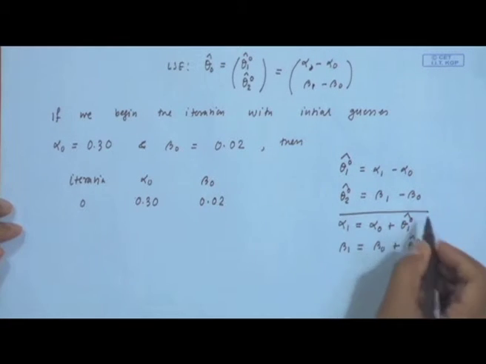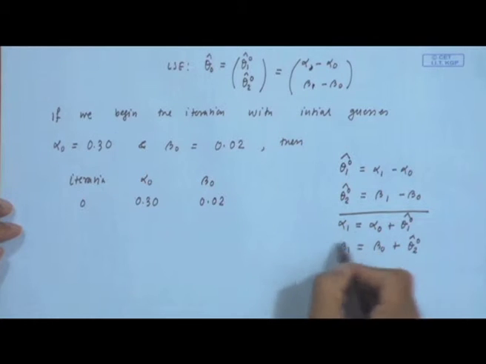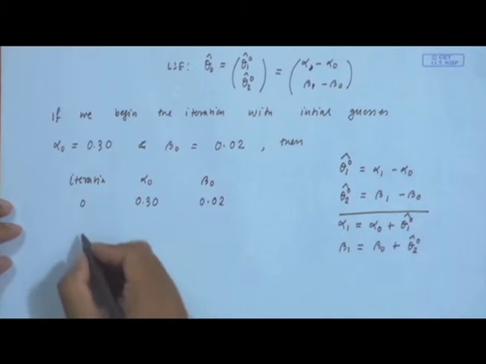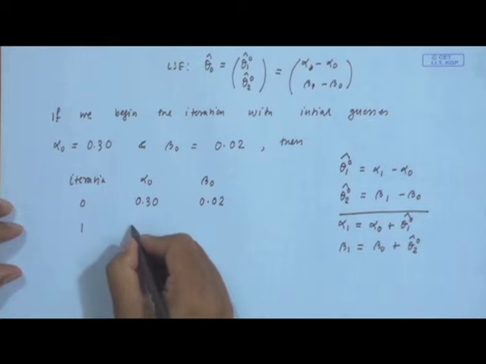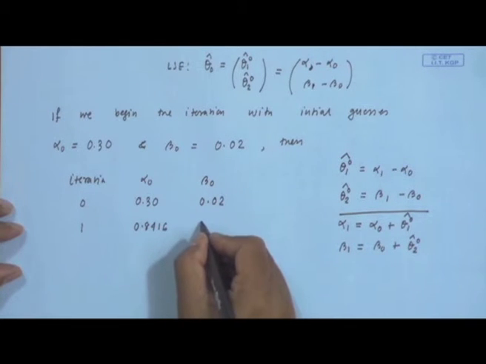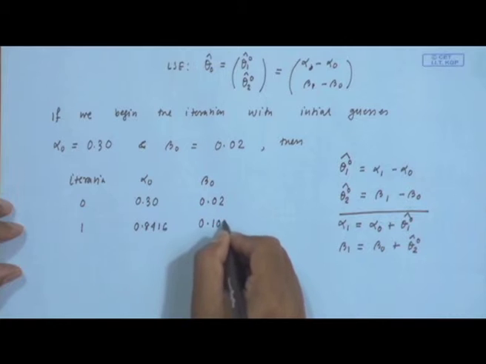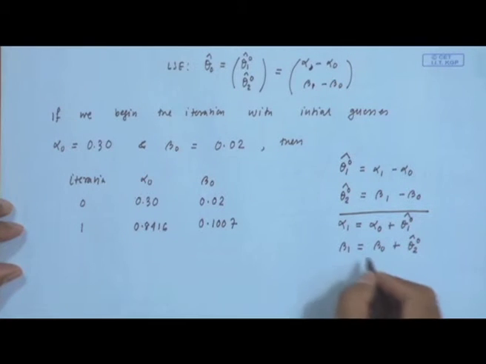Okay, so we started with alpha naught, beta naught, and now the improved values of alpha 1 and beta 1 in the first iteration are 0.8416 and 0.1007.